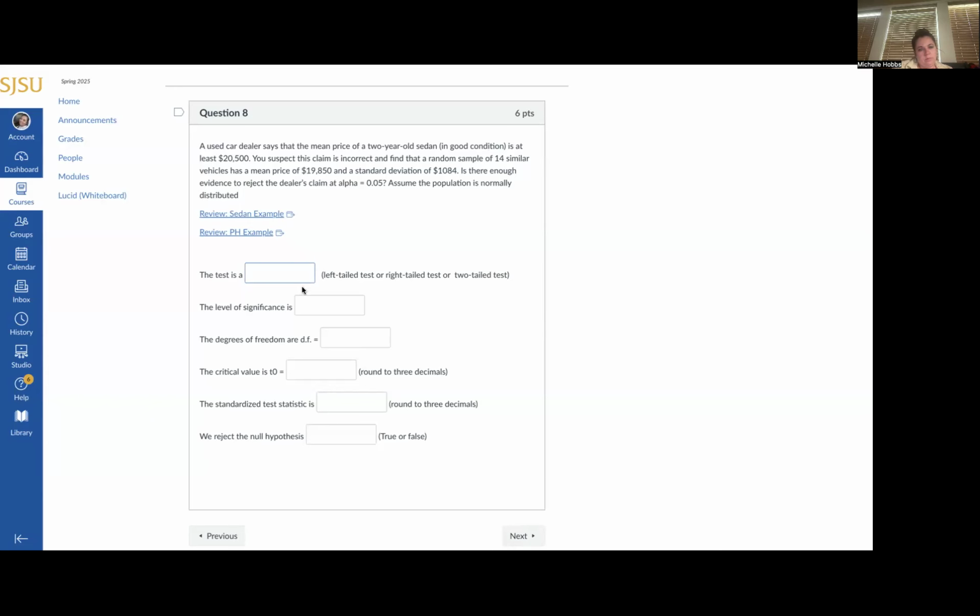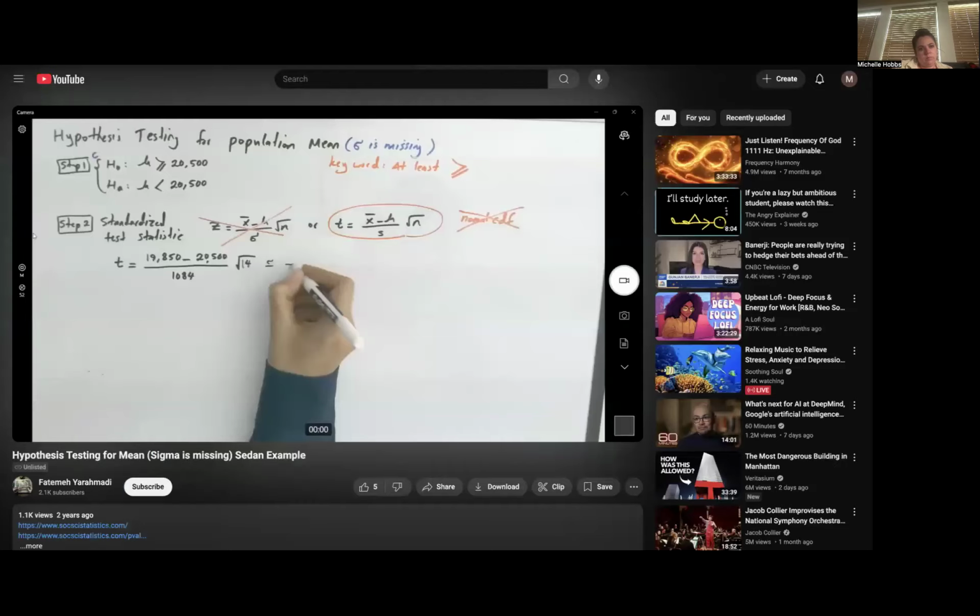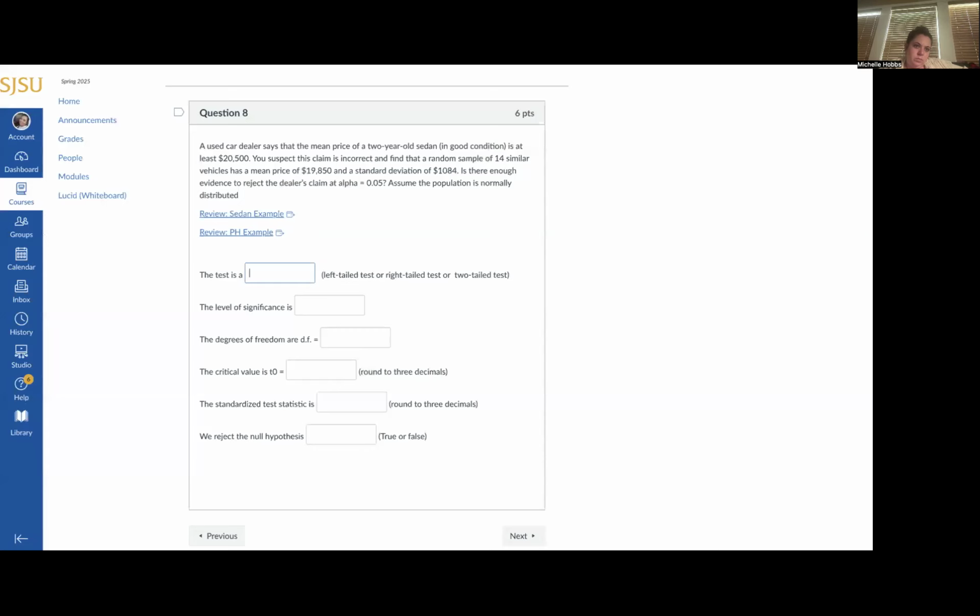If you do the calculation, your T is approximately negative 2.244.